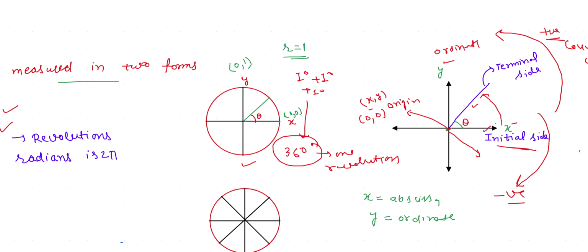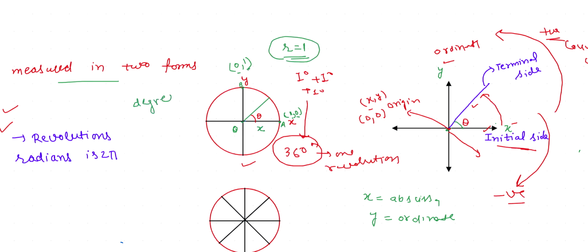Let us suppose this is the center of the circle, marked as point O, and this is OA, and this is OB. So OA is the radius of the circle. Clear? And this is your x direction and this is y direction. On the x-axis, the value of y is always 0 and x is 1 at this point. And for this point, the value of x is 0 and y is 1, because we have chosen the radius of the circle to be equal to unity. Clear? So this is all about degrees.